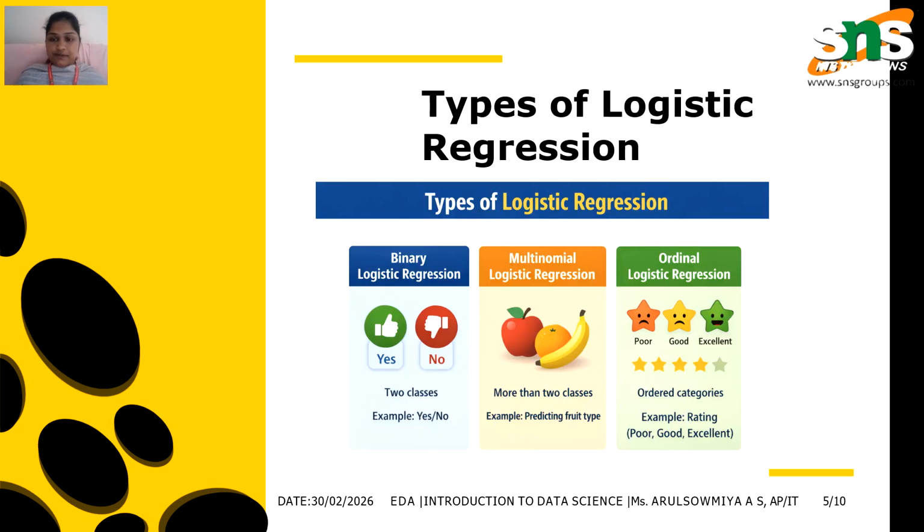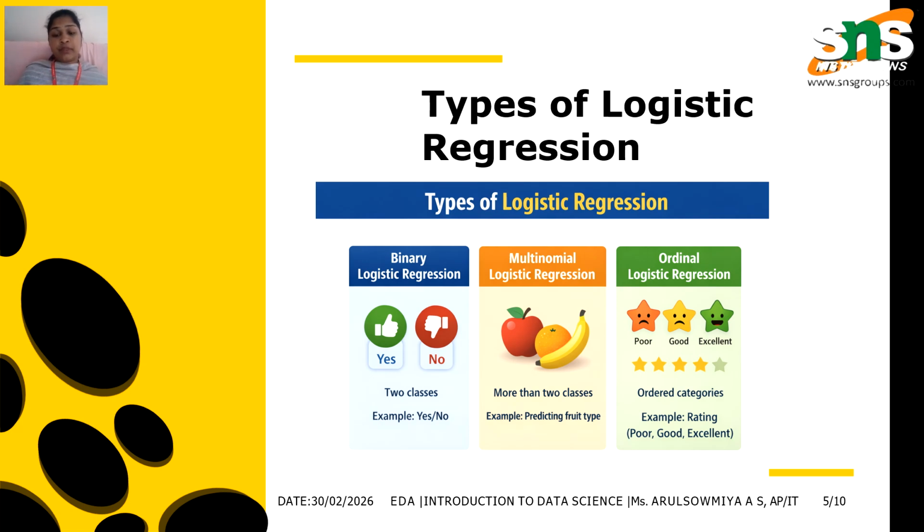So what are the types of logistic regression? Here we have binary logistic regression, multinomial logistic regression, and ordinal logistic regression. In binary logistic regression, we get two classes, for example, yes or no. In multinomial logistic regression, we get more than two classes, for example, predicting fruit type.